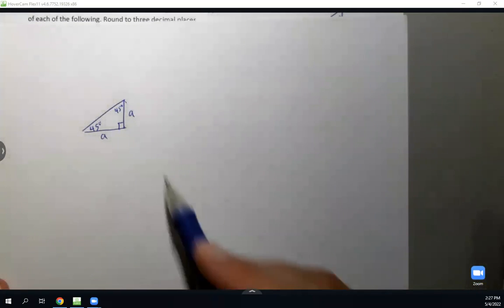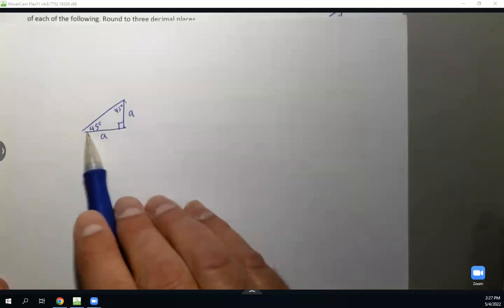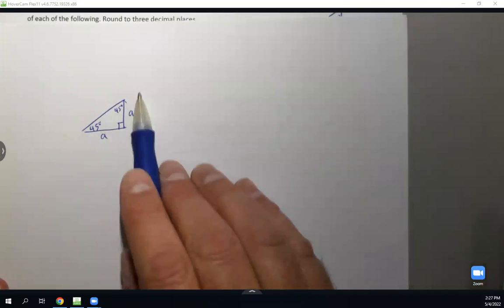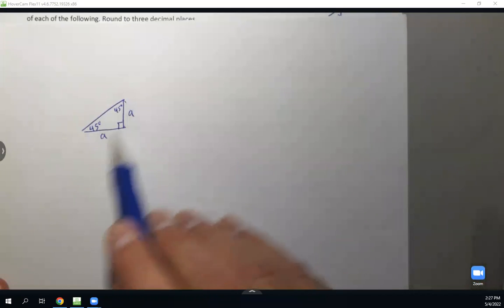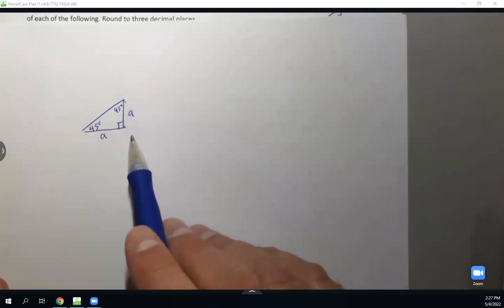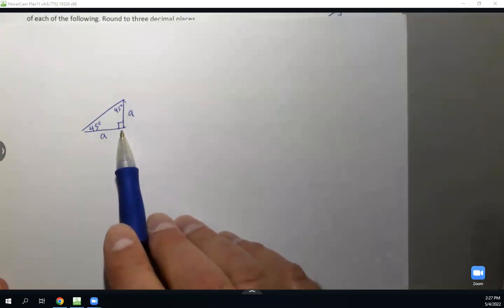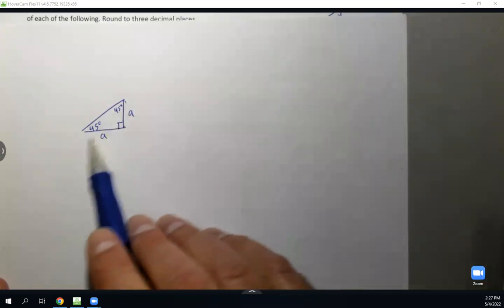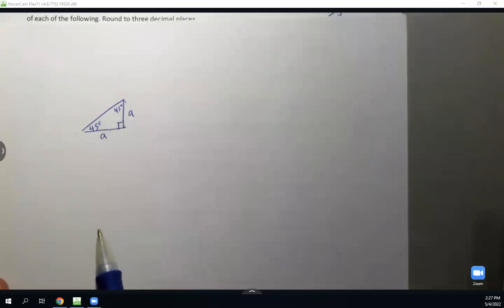So for 45 degrees, the tangent would be whatever this is over whatever this is, and it's going to be 1 because they're the same length. That would be the only time that happens, when you have a 45-degree angle, because if it's a right triangle, the only way it can be isosceles is if the other two angles are 45 degrees. Does that make sense?